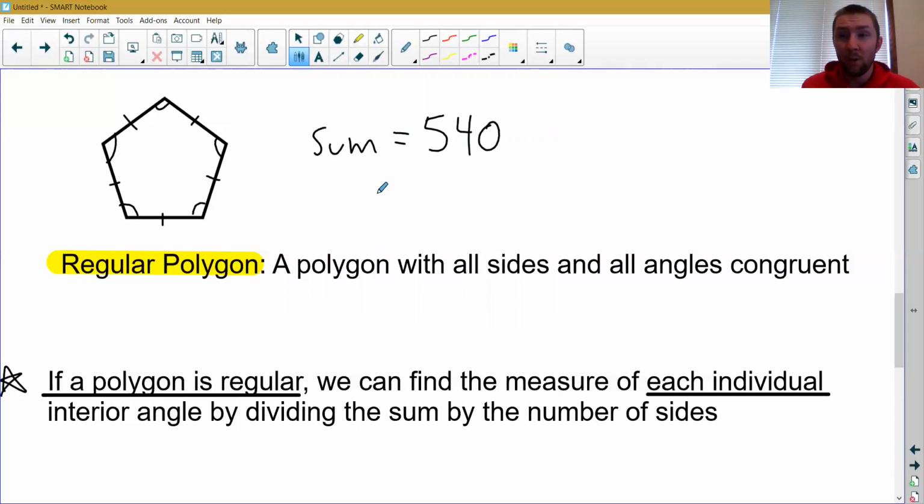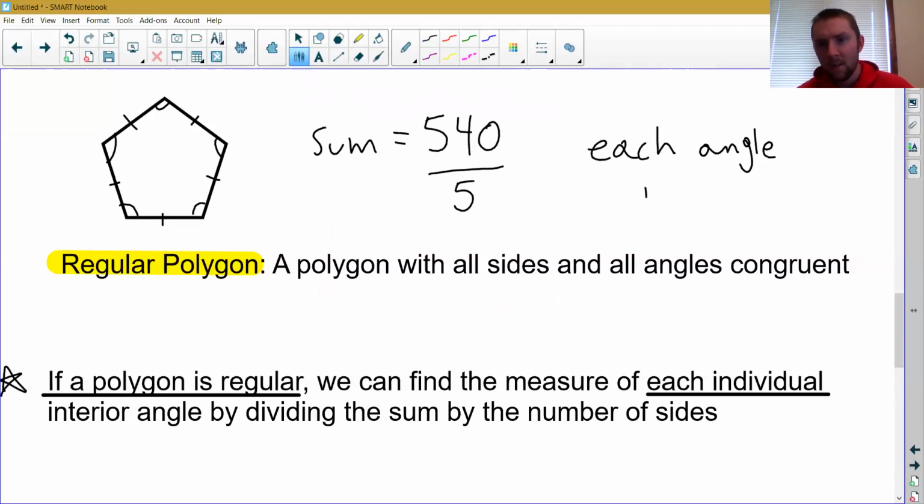So if I have 540 degrees and it's 5 angles that are all the same, I can divide that by 5, and I know that each angle measures 540 divided by 5 is 108 degrees. Okay? So we can find the measure of each individual angle by dividing the sum total by the number of sides. All right? So you may be asked to do that in your homework, to find each individual angle, and that's okay as long as they tell you that the polygon is regular.